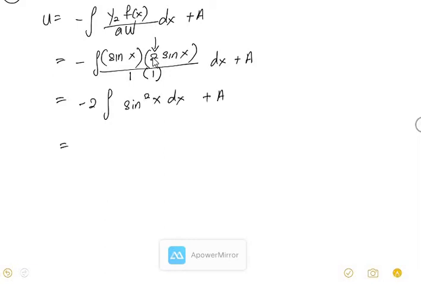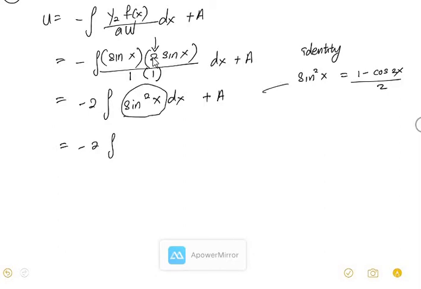So we can take out this 2, you get negative 2 integral of sin times sin, which is sin squared x, dx plus a. Again, we're using the identity: sin squared x is equivalent to (1 minus cos 2x) divided by 2.